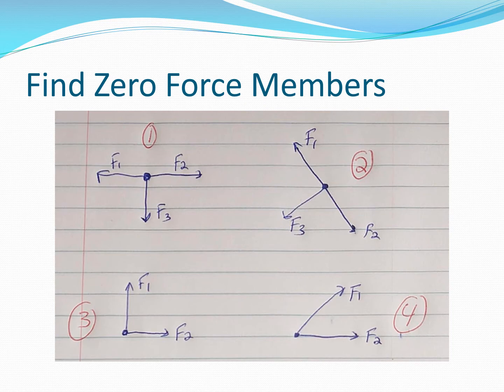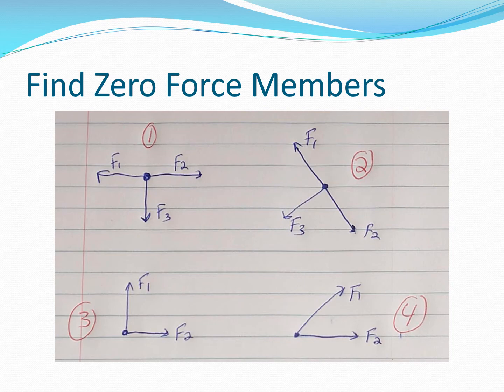If you look at number 3, we've got F1 going completely in the Y direction, and F2 going completely in the X direction. Nothing offsets those. So for that joint to be in equilibrium, F1 and F2 must be 0. 4 is a little bit more difficult to see.